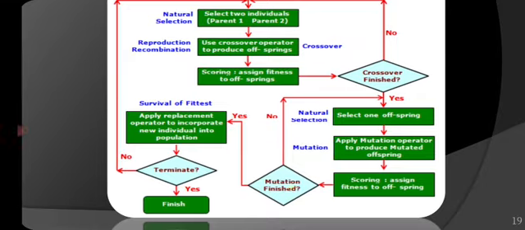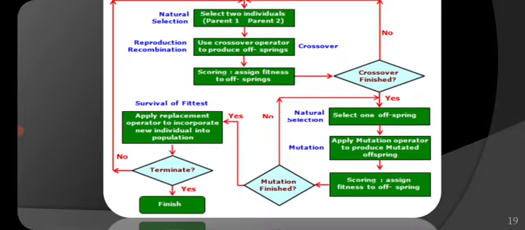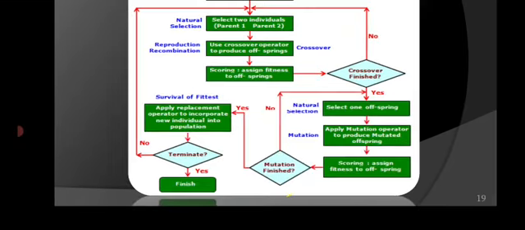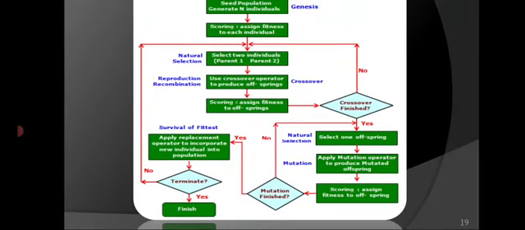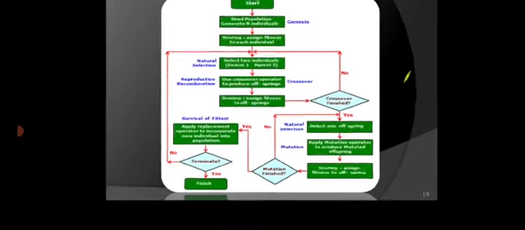If the mutation process is finished, then select the best fittest. Now apply a replacement operation to incorporate the new individual into the population, meaning survival of the fittest. So if we get the best out of the offspring, the problem gets terminated and finished. If not, if the solution is not the best, then go back to the natural selection process.